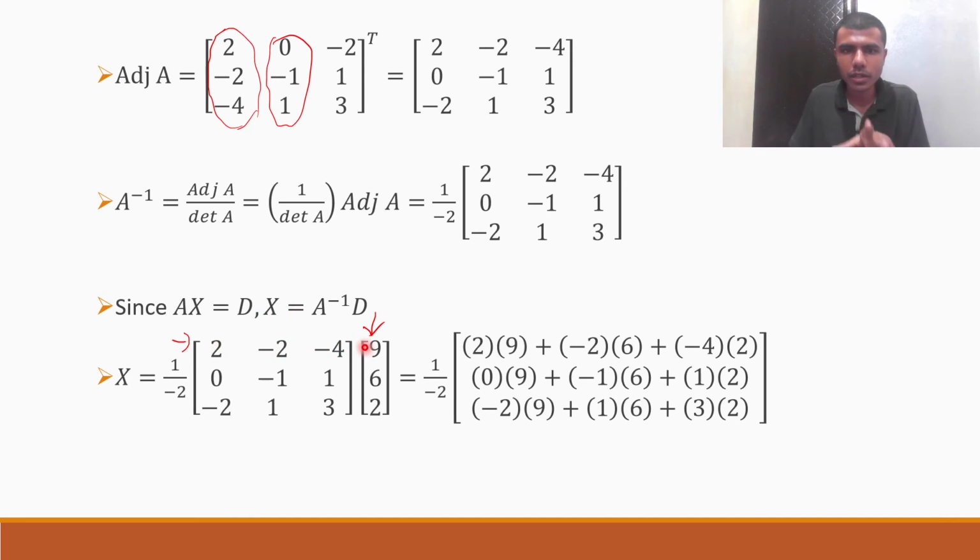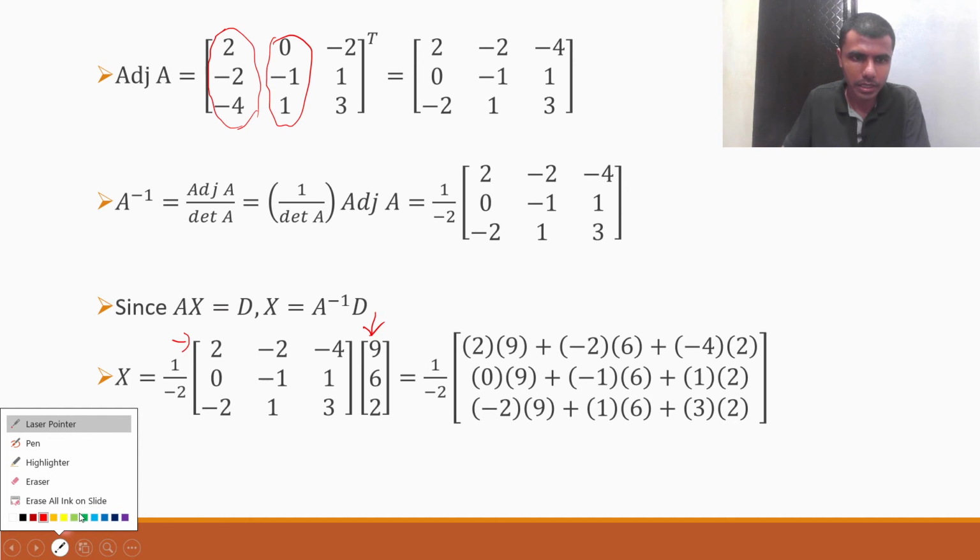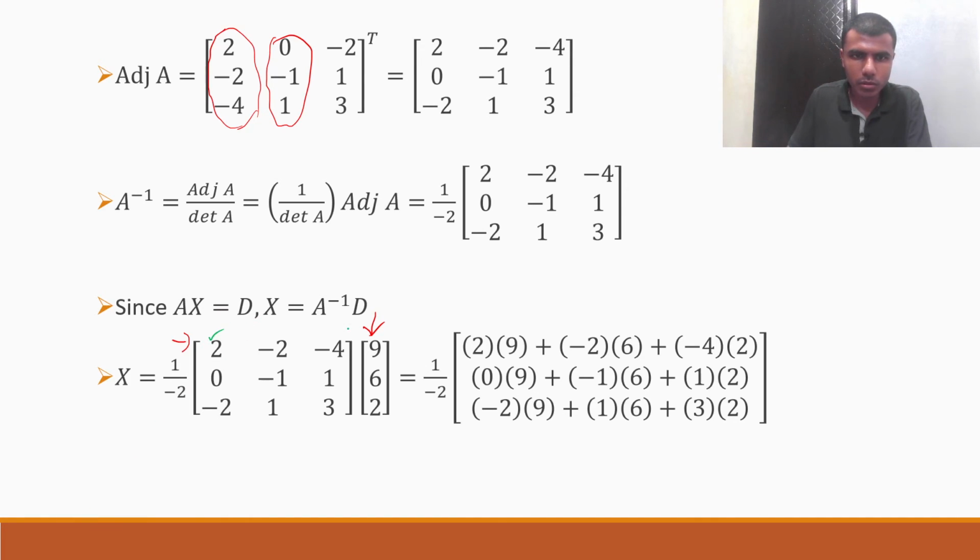So basically 2 into 9 plus minus 2 into 6 plus minus 4 into 2. Fine. This into this. Next, for the second row, 0 into 9 plus minus 1 into 6 plus 1 into 2. I hope you are understanding. Minus 2 into 9 plus 1 into 6 plus 3 into 2.